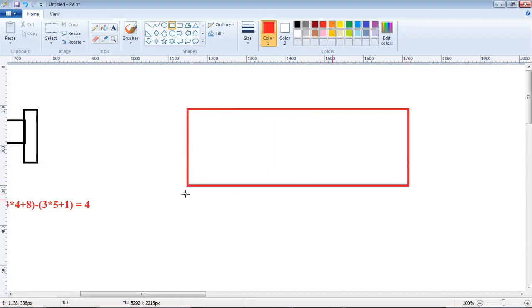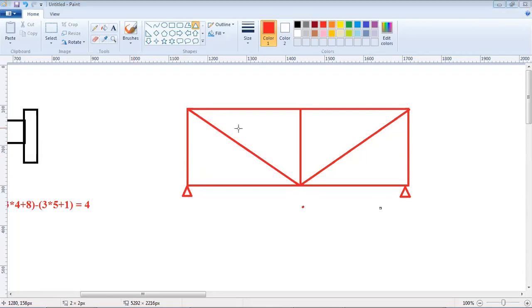For example, this is a truss. If this is the truss, let there be two supports, 1 and 2. Now both are hinge supports, and all the joints are pinned.